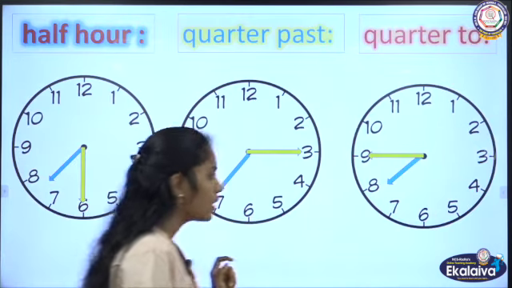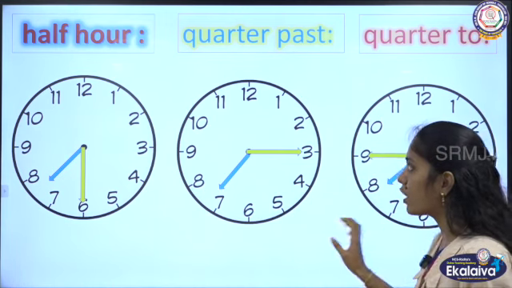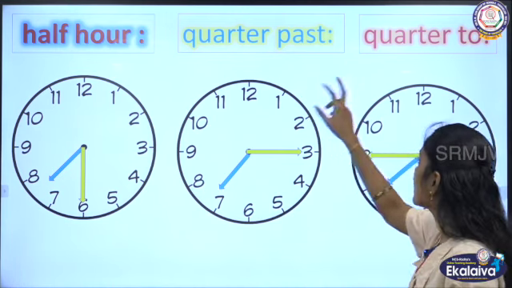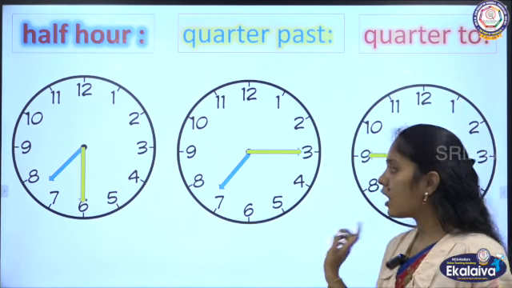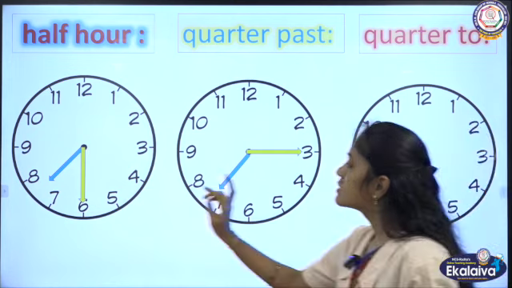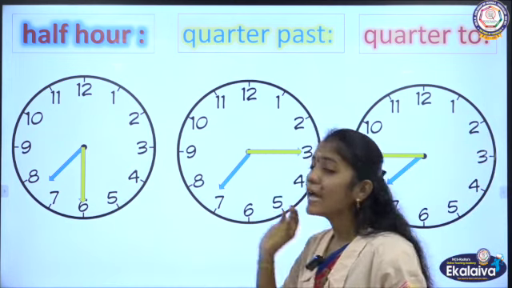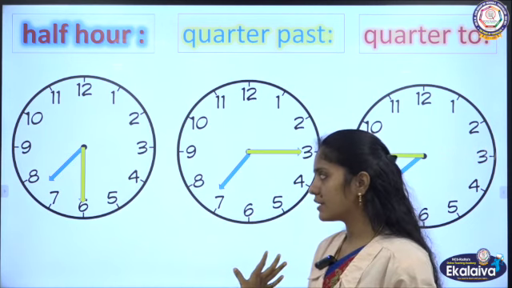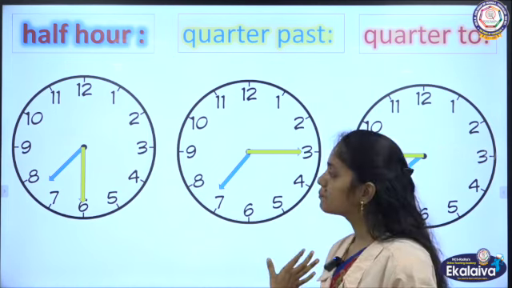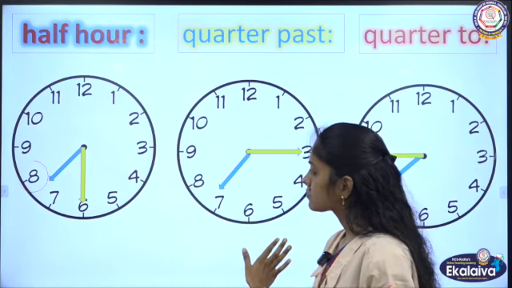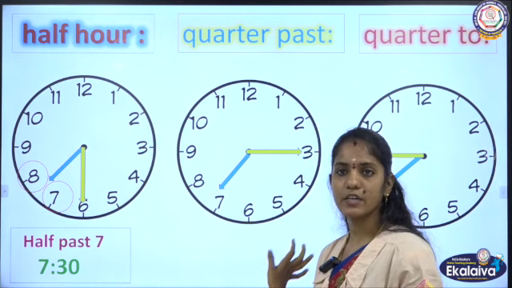Now children, we will see the position of the hour and minute hands for half hour, quarter past, quarter to. Here in these three clocks, the hour hand is around 7 and 8. In the first clock, the hour hand is exactly between 7 and 8. The minute hand is at 6. So we say it as half past 7 or 7:30.